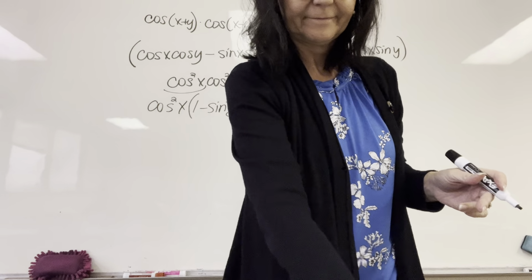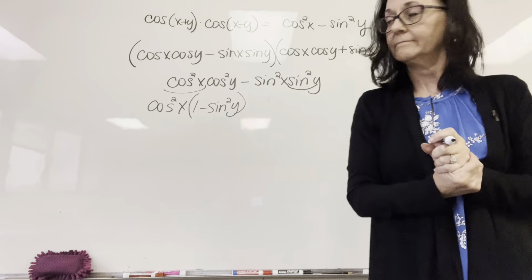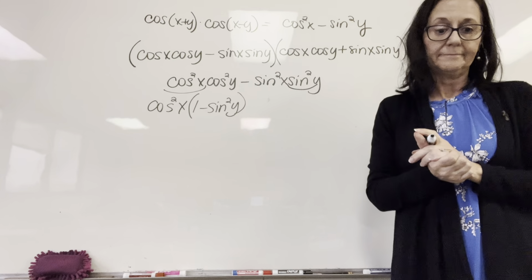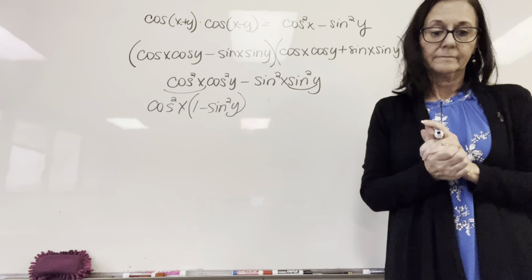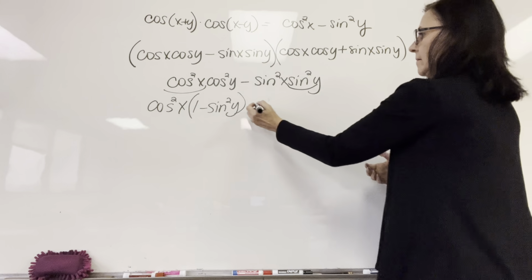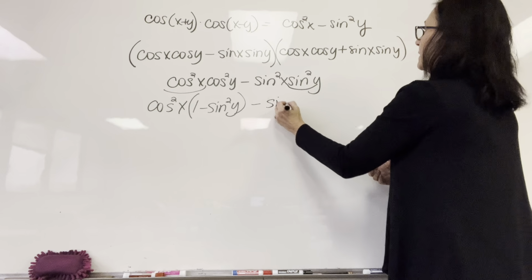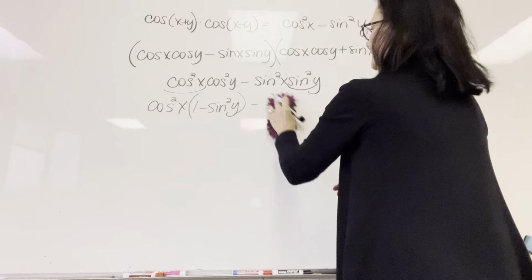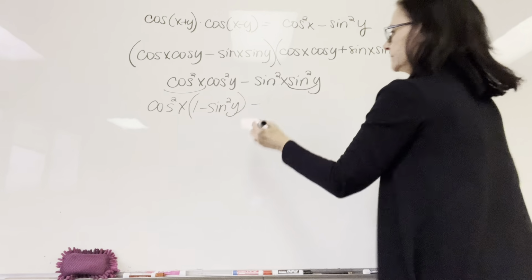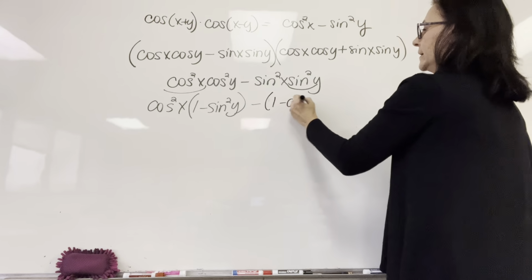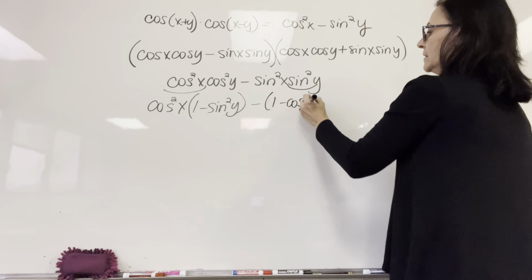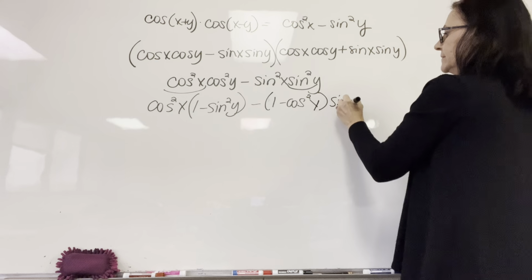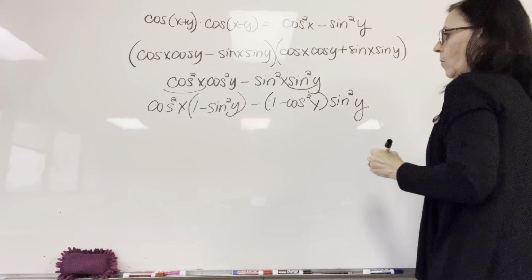For cosine y, 1 minus sine squared y. Minus, for this one, that's the one we want to get rid of. It's 1 minus cosine squared x times the sine squared y.